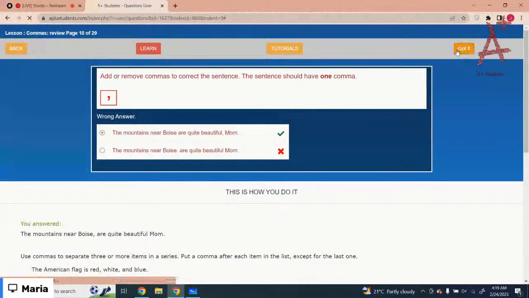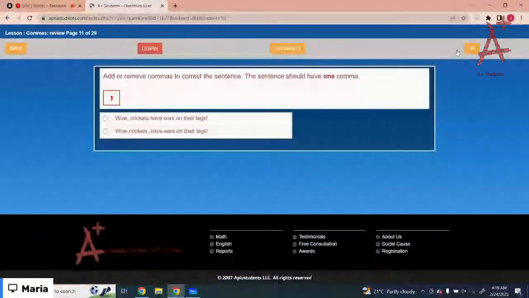Okay, got it. Wow, crickets have ears on their legs. So which is the correct option, option one or option two?